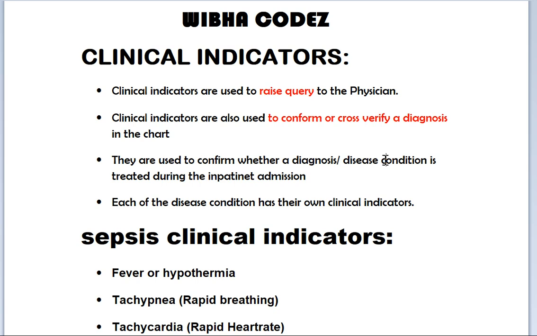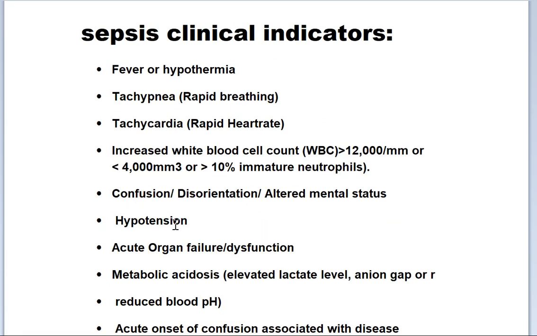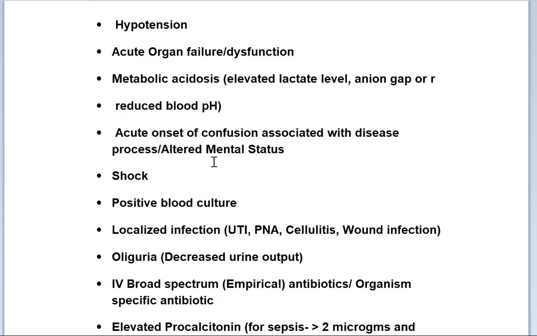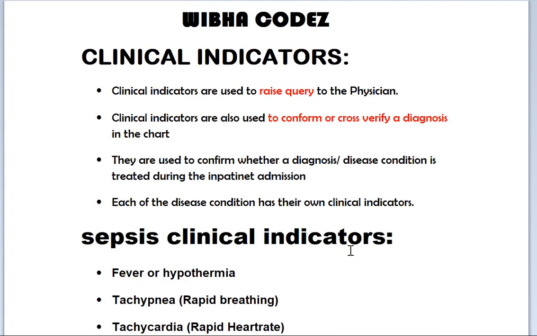We will not just blindly go and code a condition in a chart. We should see whether this patient has fever, tachycardia, tachypnea, or a positive blood culture, or any confusion, or increased WBC or immature neutrophils, or any of these indicators present.